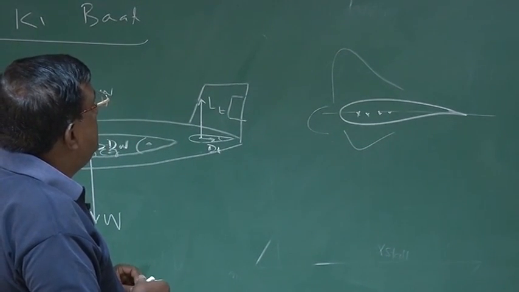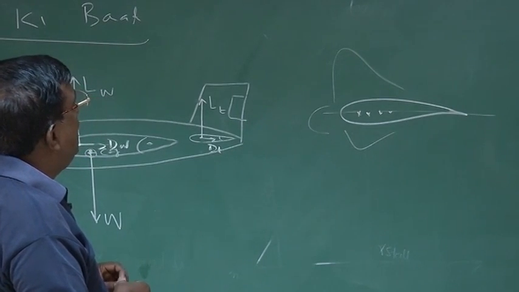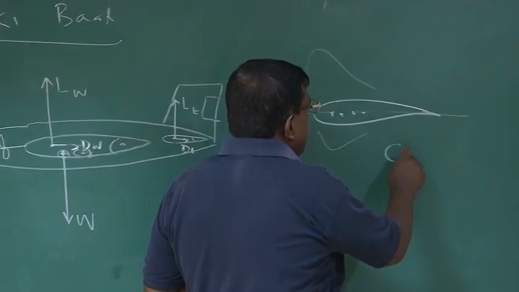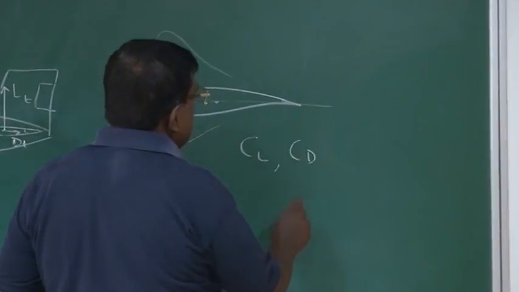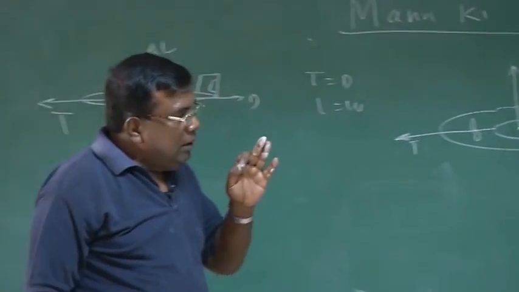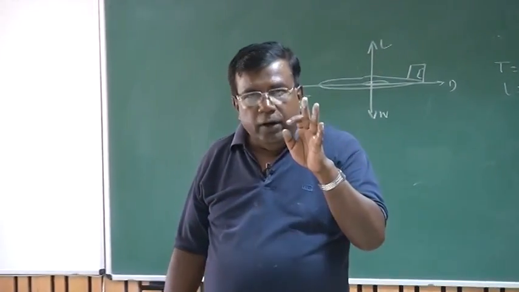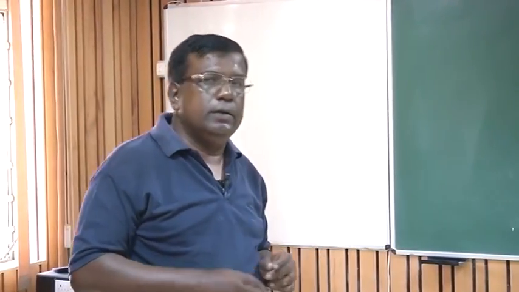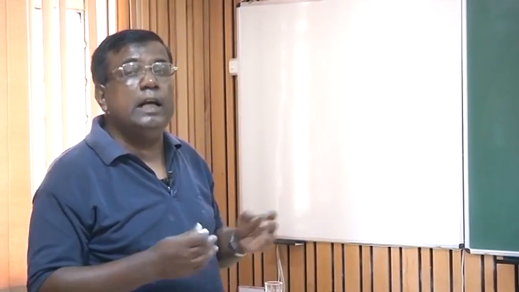Now what we want to do is represent the CL and CD at a particular fixed point, and we ask a question: is there such a point which doesn't change with angle of attack?